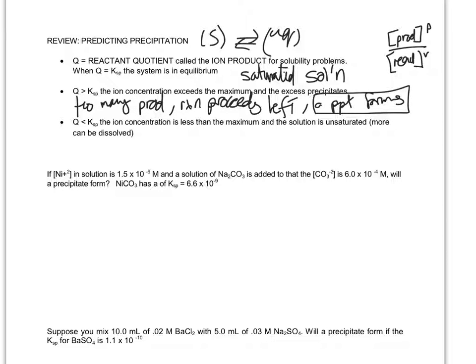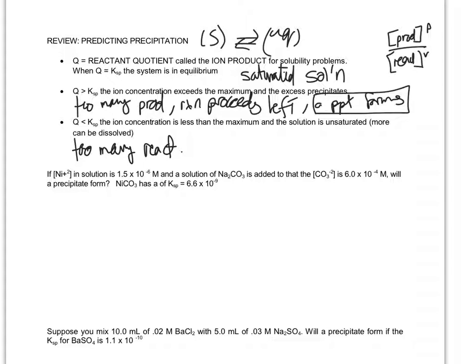If your Q, however, is too small, so Q is smaller than what should be at equilibrium, that means this ratio is too small. So you can think of it as not enough products or too many reactants. So here you have too many reactants.